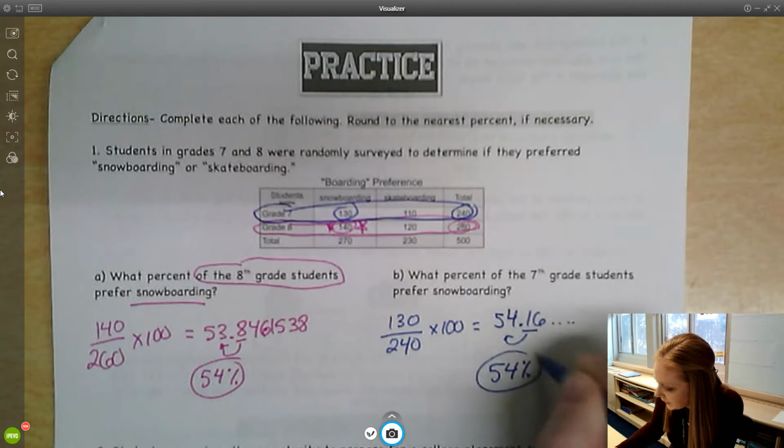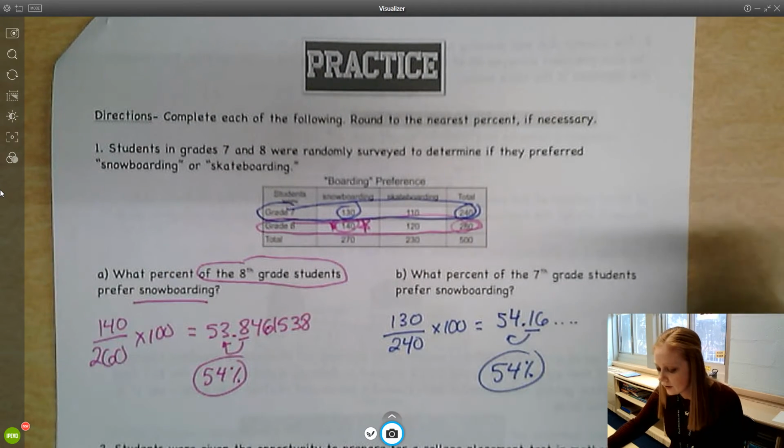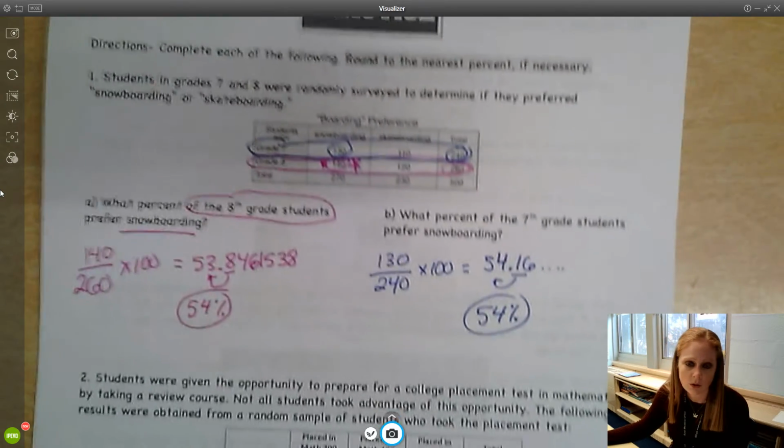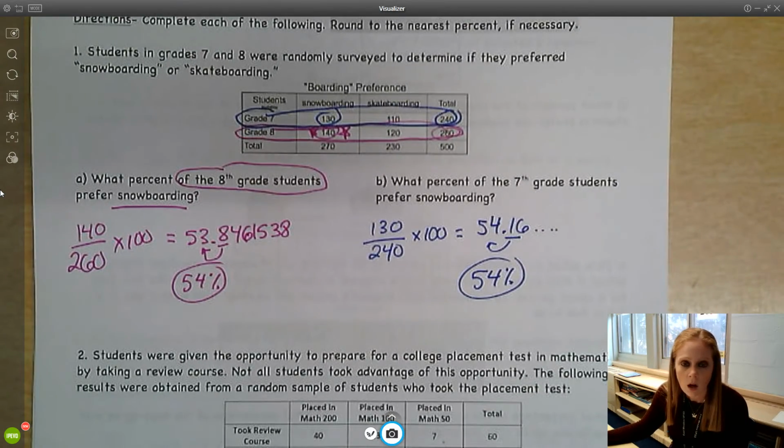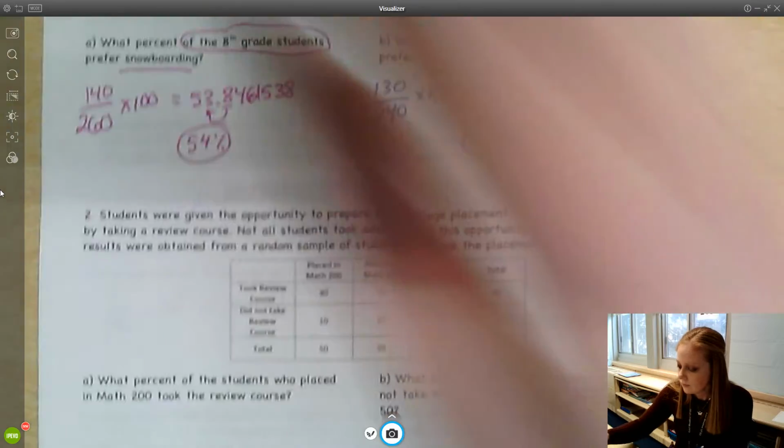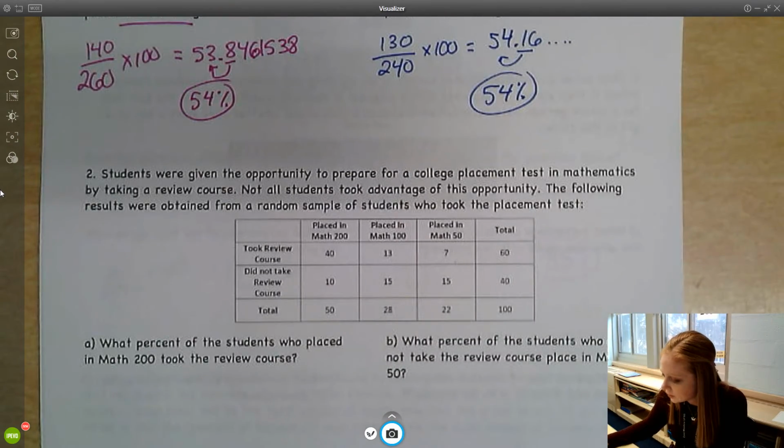So 54% again. So whether you're in 7th grade or 8th grade, it looks like about 54% of students prefer snowboarding.